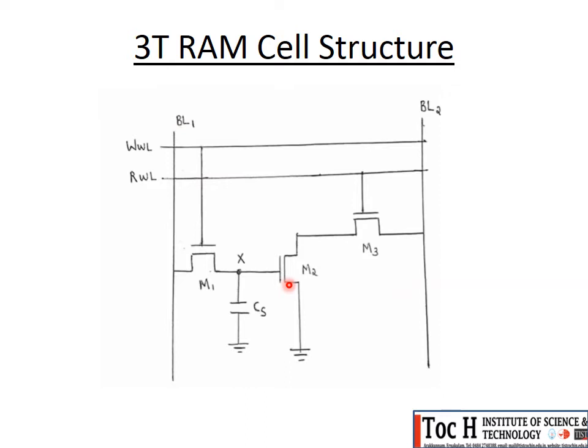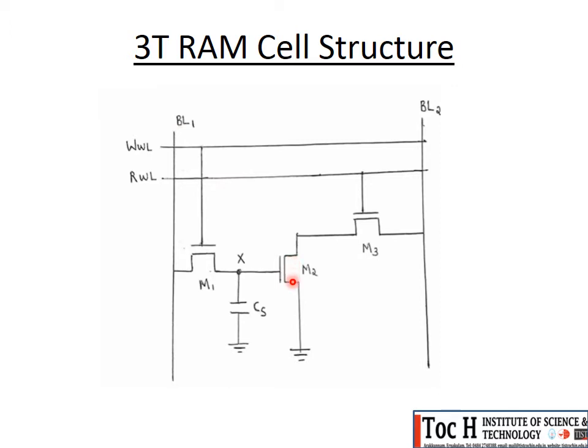So what we are doing here is the reading operation. Suppose the value here is 1, what happens? M2 will be on. M3 is already on because we have enabled the RWL line, and we have pre-charged BL2 to VDD.